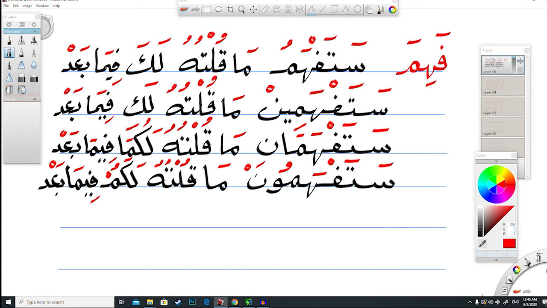What we added to the root here is that we added sin for the future, as you know, and then we added ta. At the end of the root, we added waw and nun. ستفهمون, you will understand, for plural masculine.